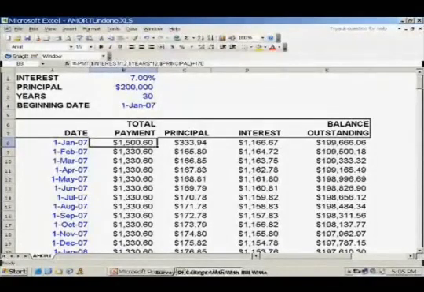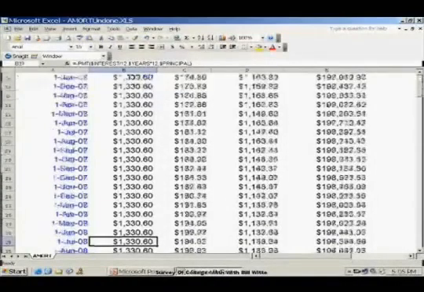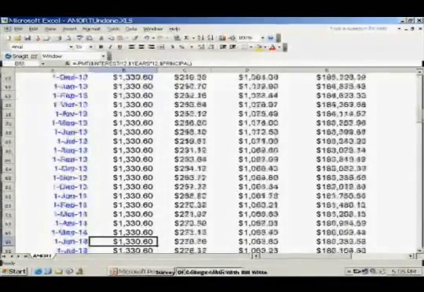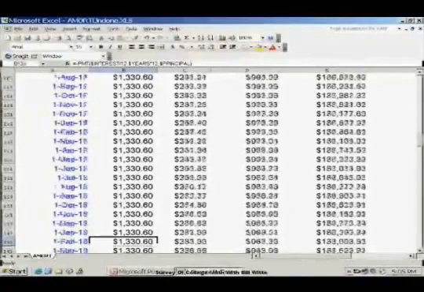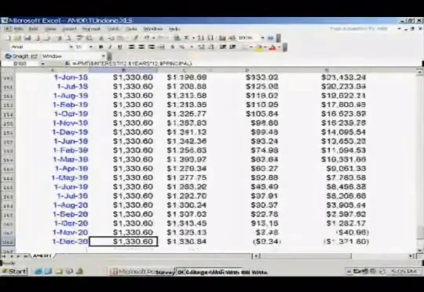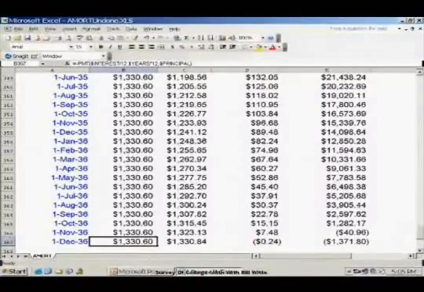So 330 plus 170. I'm going to pay $1,500 just this one time. Now, hopefully, I don't think you memorized all the numbers, but you're going to appreciate every one of these numbers now has changed. Every one of them. Pretty cool. And in fact, just that $170, if we go all the way to the end of the loan, and I go way down, it's going to take a long time, so I'm going to skip down. Pretty cool. Actually, you've paid off the loan already. I mean, well, I shouldn't say that.